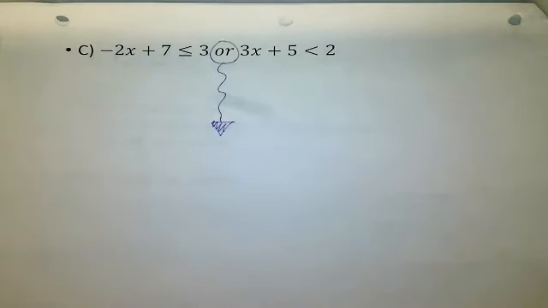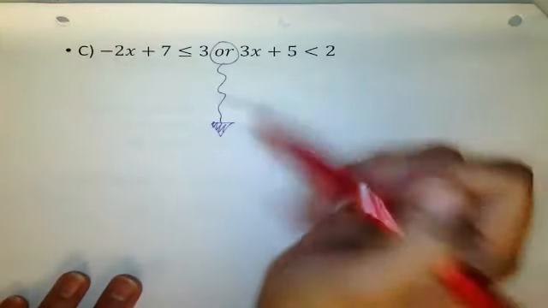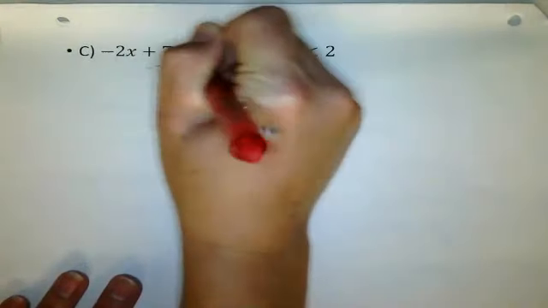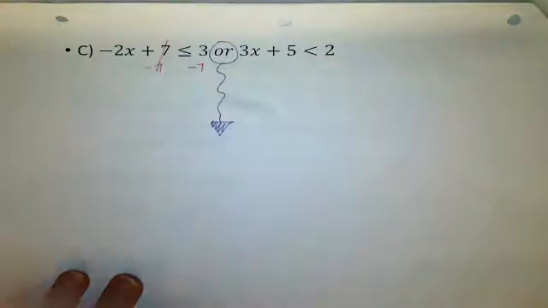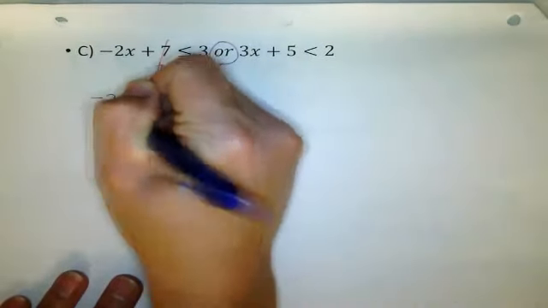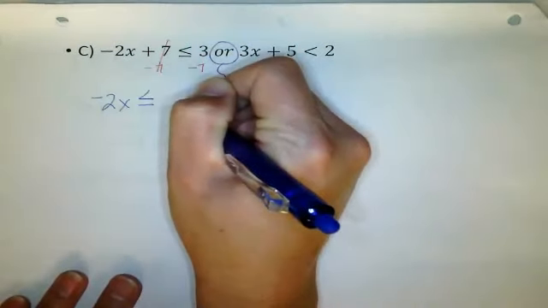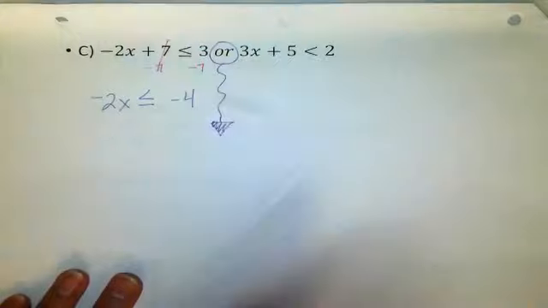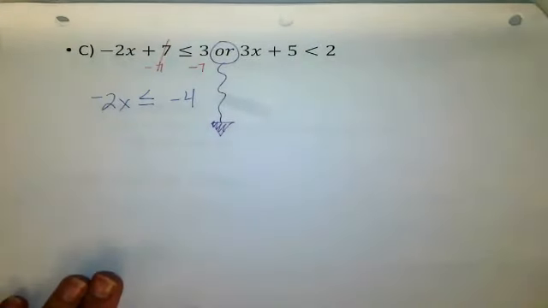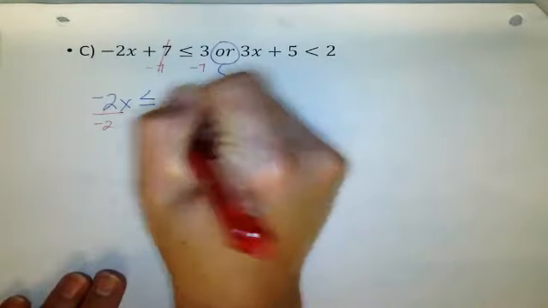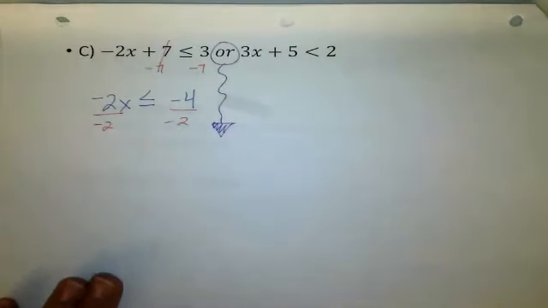All right, so the first inequality, -2x plus 7 is less than or equal to 3. What should we do first? Subtract 7, absolutely. So we have -2x is less than or equal to -4. Very good. Now what do you need to do? Divide by -2. What do you have to remember when you multiply or divide by negative?